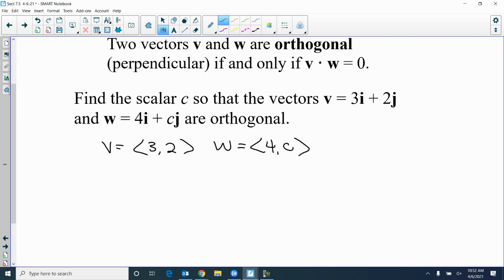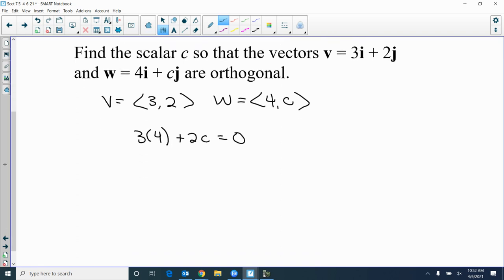If they're orthogonal, the dot product has to equal 0. So 3 times 4 plus 2 times C equals 0. Solve for C. I get 2C equals -12, so C equals -6.